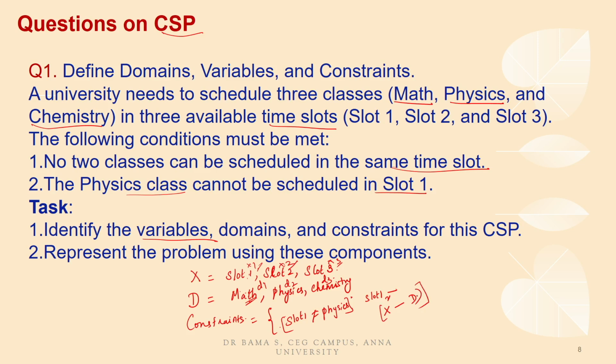Otherwise it is not going to obey this type of constraint. So, this is one of the answers for these two tasks, and you can have your own answers, but make sure that it obeys the constraints.